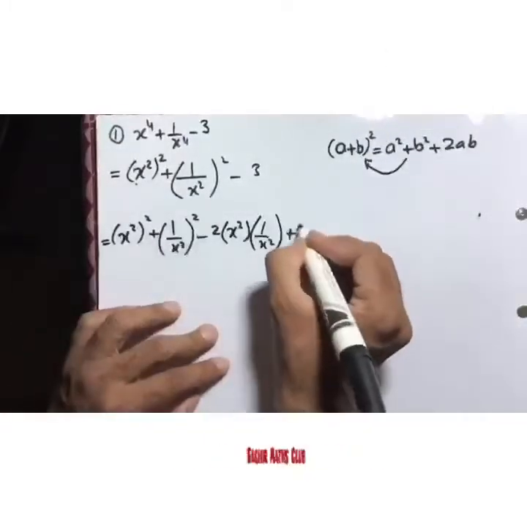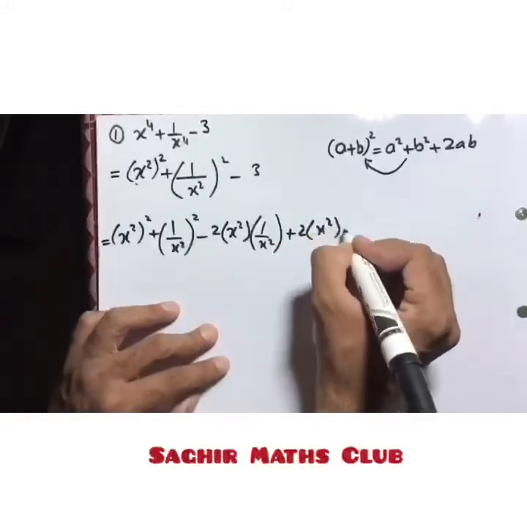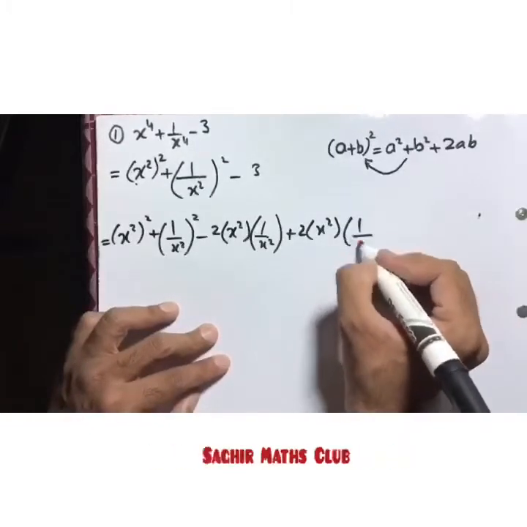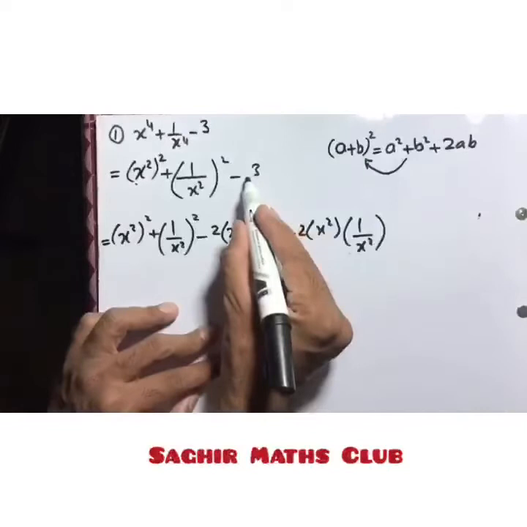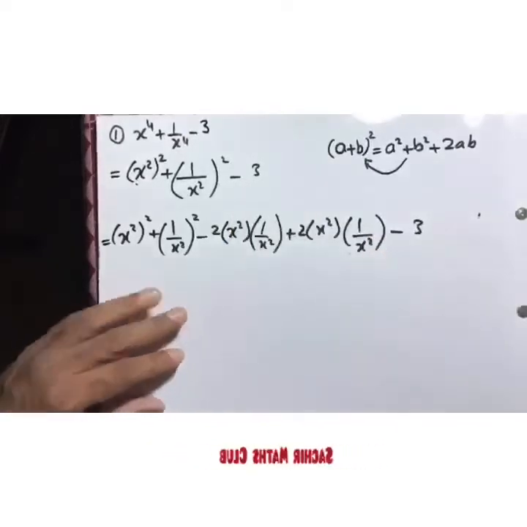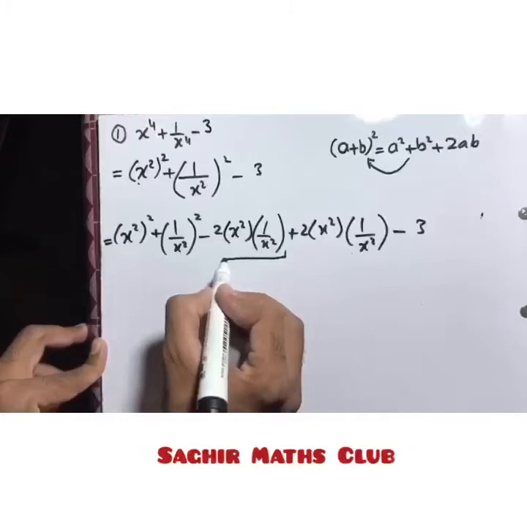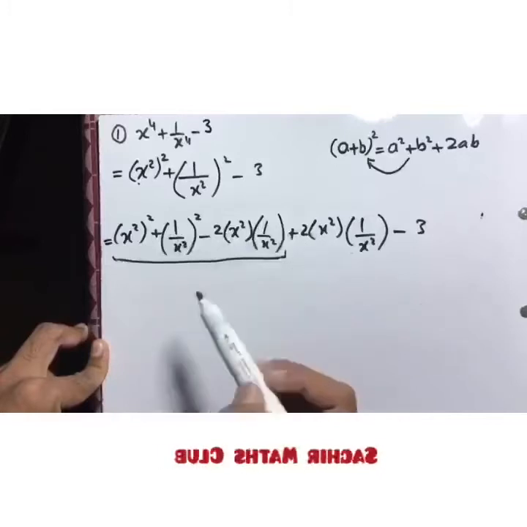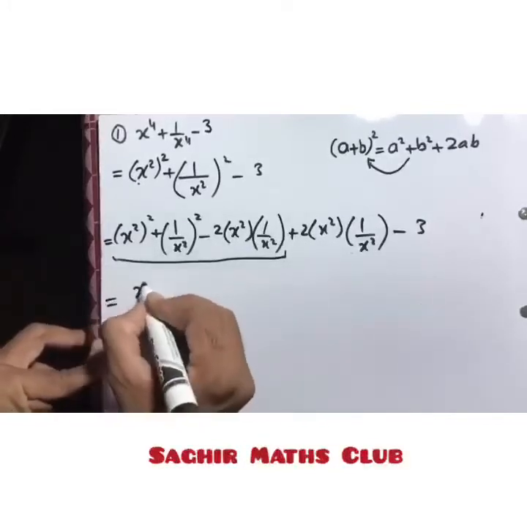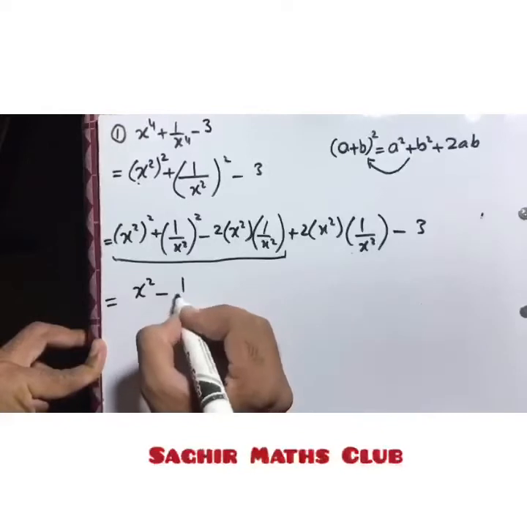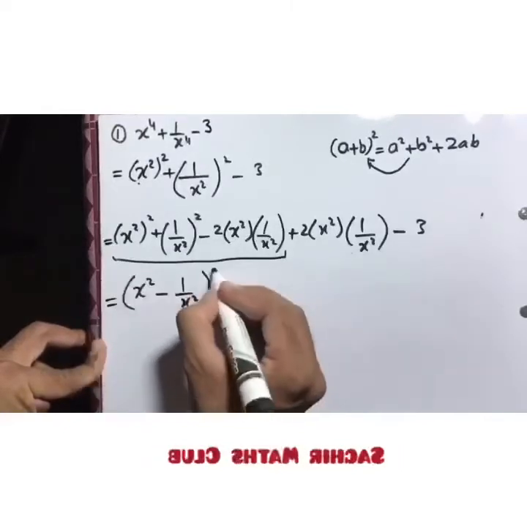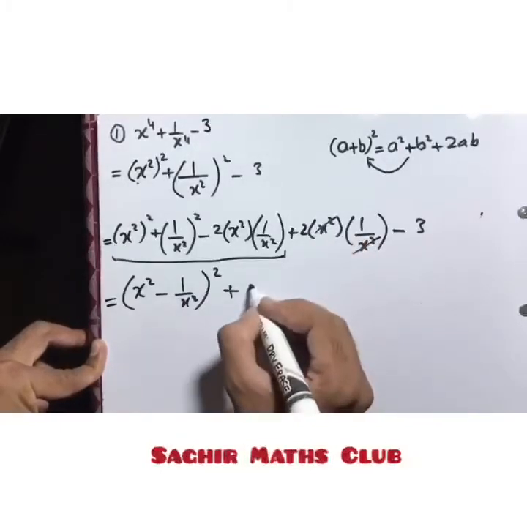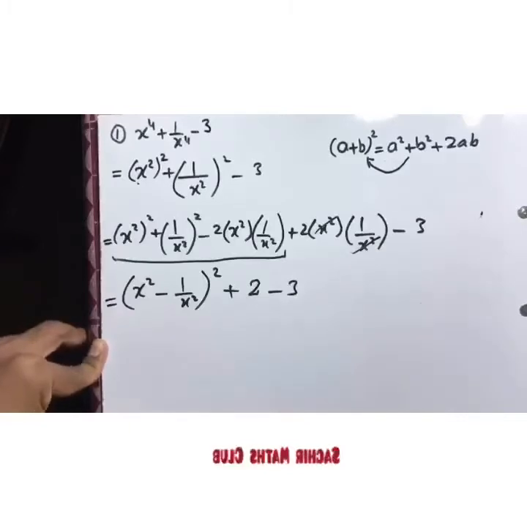Now I add this 2 into x square times 1 over x square, and the remaining is minus 3. Now you can see this is becoming the formula of a complete square like this: a square plus b square minus 2ab. Now we can write this as (x square minus 1 over x square) whole square, and here x square cancels out with x square. Here we get plus 2 minus 3.